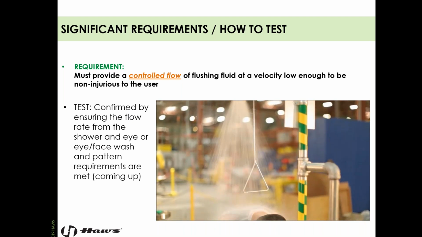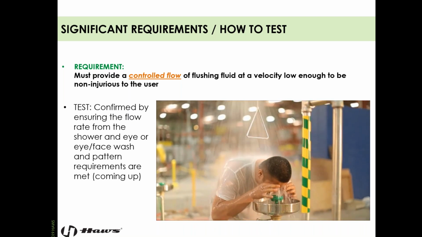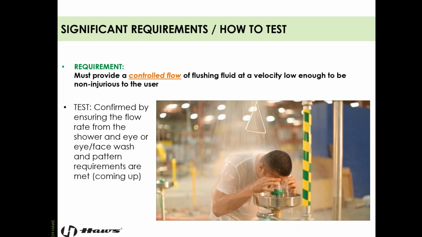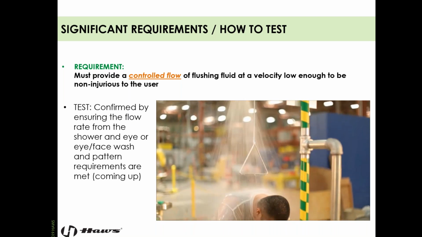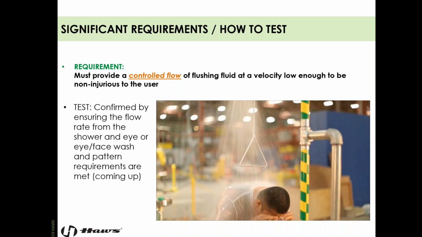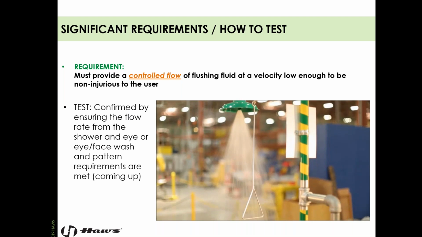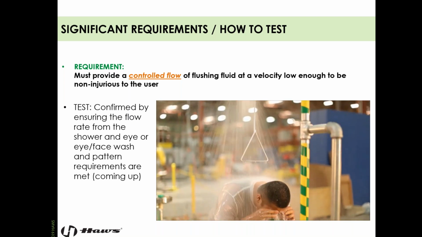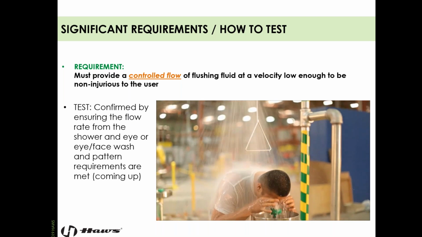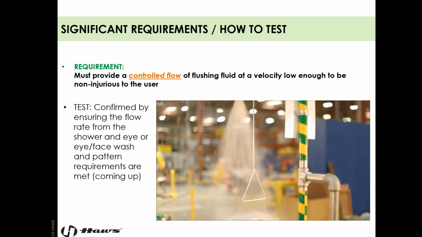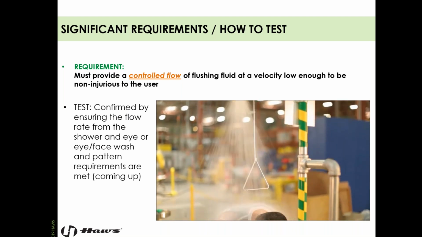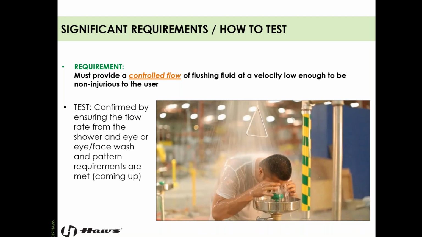Imagine, ANSI requires 20 GPM for a shower. Now at Haws, we include flow controls in all of our equipment. We really try to use the water as intelligently as possible. But if you're pumping out 30 to 40 gallons per minute on top of a victim that's suffering from acid burns, from something that's affecting their skin, that is going to be hard to take.